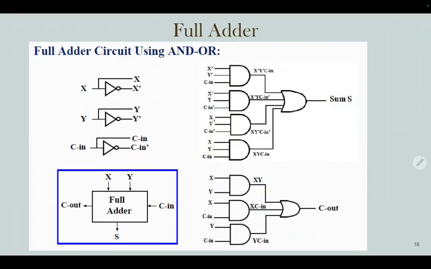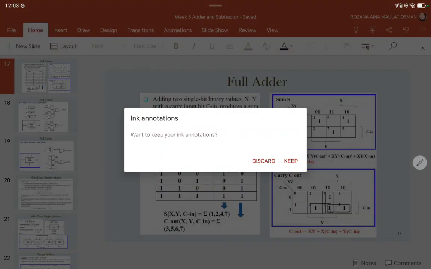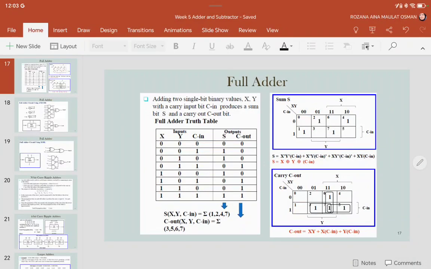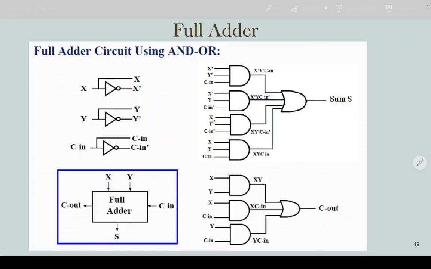So this is what the full adder looks like when you use all the combinational logic to draw this equation. Basically this equation can be represented by this full adder.